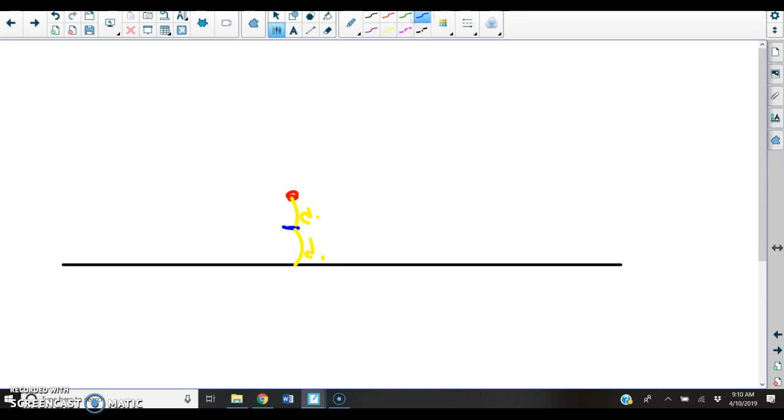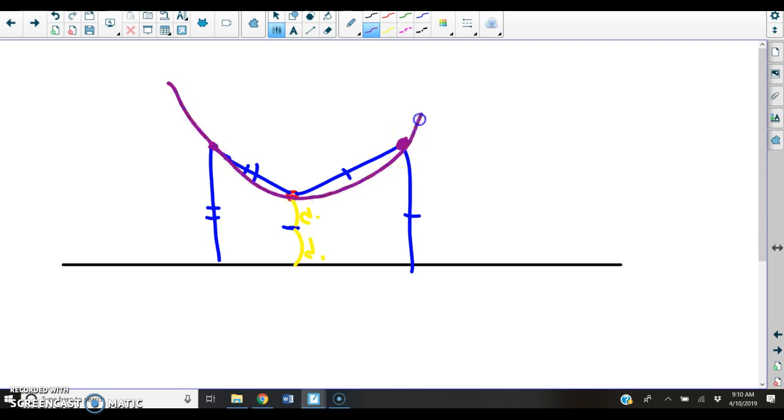If I say I want it to be the same distance from here to here, then this point is also on my parabola. Okay, and I could keep doing that, saying I want to go this way, this distance and this distance have to be the same. So here's a point on my parabola. And if I keep doing that, I'm going to have a parabolic curve.